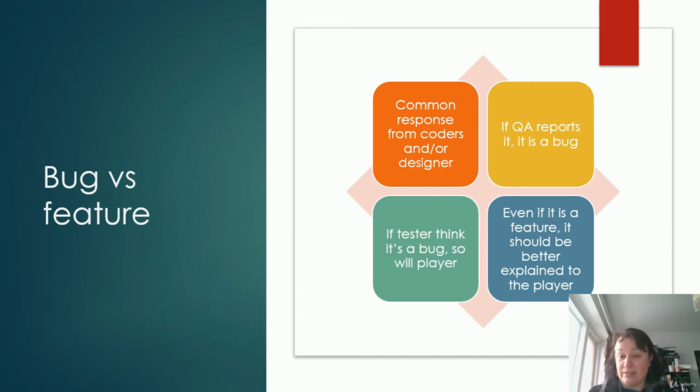Testers are usually players themselves. They're quite experienced. They usually played multiple games or tested multiple games, or they might have been working on this particular game for a long time. If they think this is a bug, players are probably going to have the same understanding. They will not really figure out this feature. So even if it's a feature, it should be better explained.